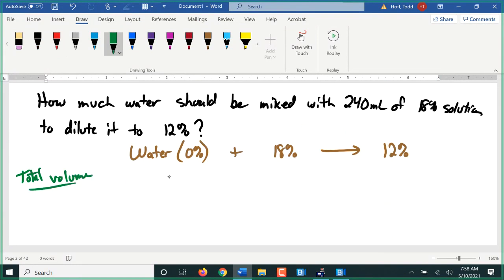So our total volume, X is the amount of water. 240 milliliters is what we were given for the amount of the 18% solution. So the amount of that resulting 12% solution is X plus 240.